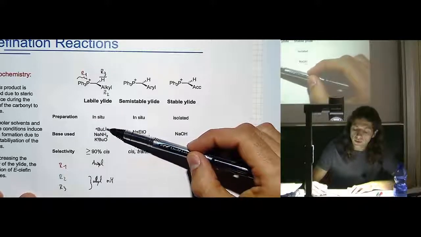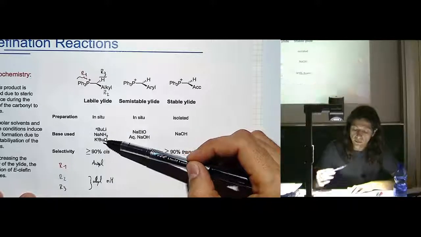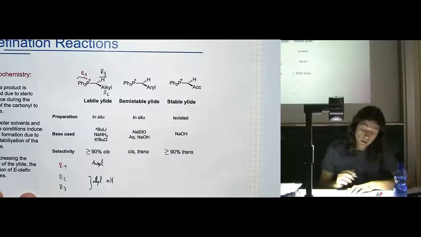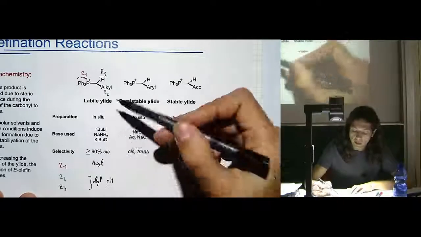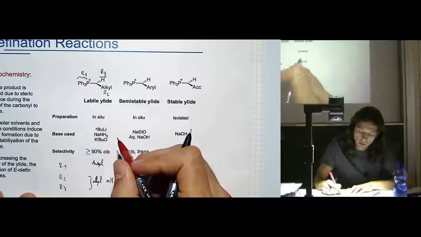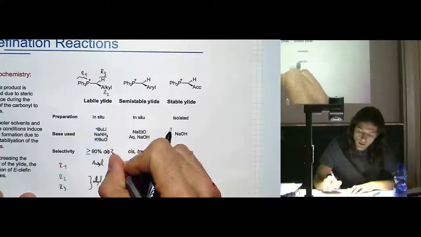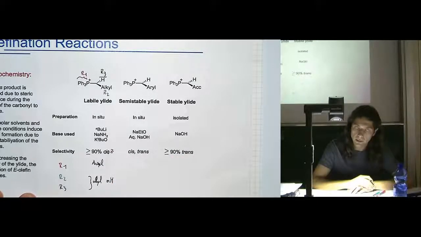So as with lithium derivatives, or sodium derivatives, or potassium tert-butoxide, will give mainly this cis, this Z, predominantly this Z stereochemistry.